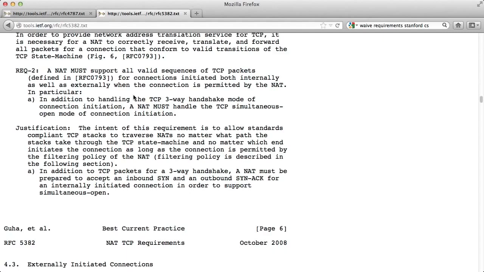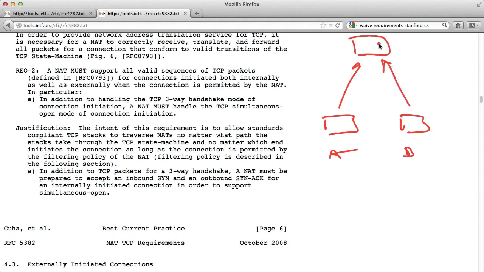This gets back to the case we talked about, NAT hole punching, where two nodes behind NATs, say A and B, want to open connections to one another through the NAT. So what they do is they talk to some external server.